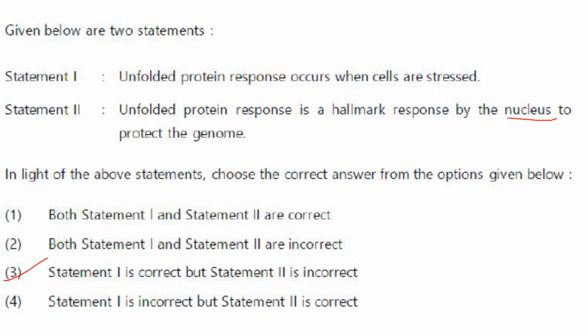It is activated in response to accumulation of unfolded or misfolded proteins in the lumen of the endoplasmic reticulum. Here they have given it as the response by the nucleus. It is not the nucleus, it is the endoplasmic reticulum. So statement 2 is incorrect, whereas statement 1 is correct. The answer here is option 3: statement 1 is correct, but statement 2 is incorrect.